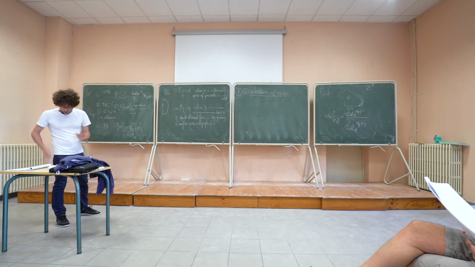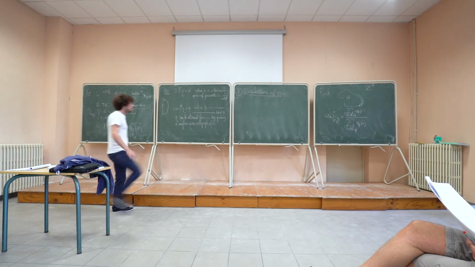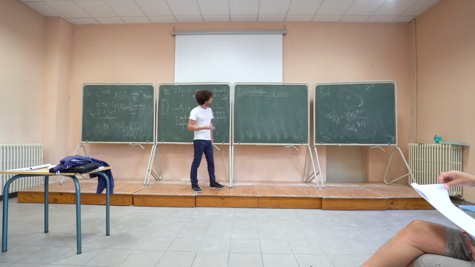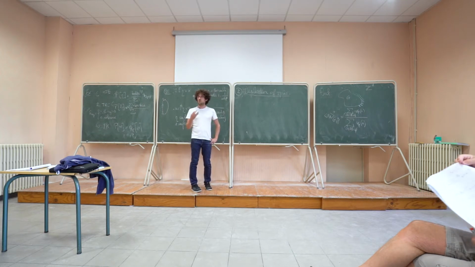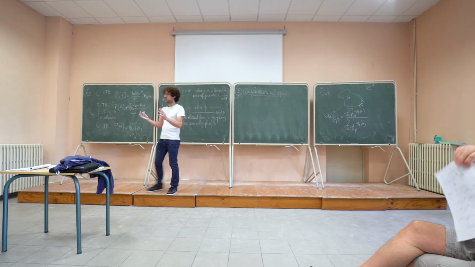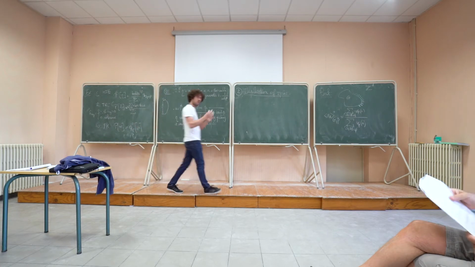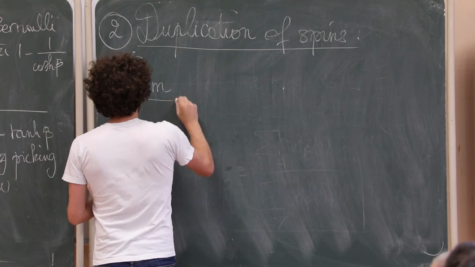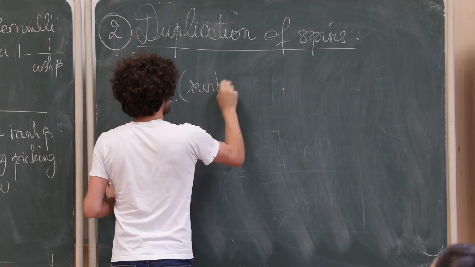I'm going to try to streamline because we don't have so much time. So I'm not going to tell you exactly what I mean by duplication of spins, but I'm going to tell you what is the fundamental object that we are going to look at. Our fundamental lemma, I guess, which is called the switching lemma.